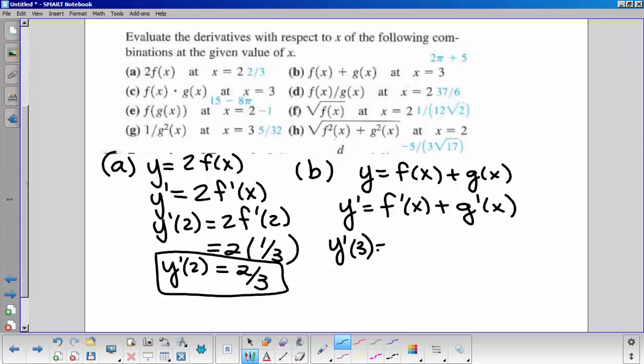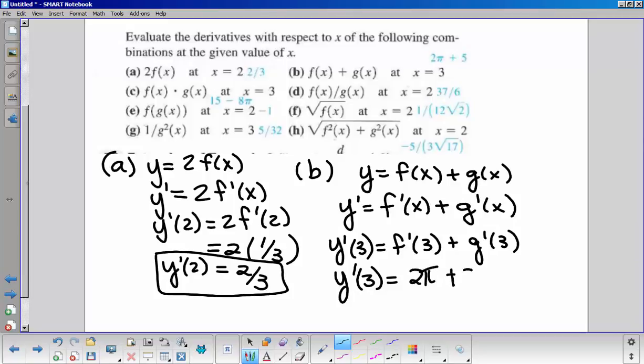So I'm going to find on the table what f prime of 3 is and what g prime of 3 is, and you guys are going to tell me since I don't have the table in my view. F prime of 3 is 2 pi, and g prime of 3 is 5. So that's nice, right? That's an easy situation.